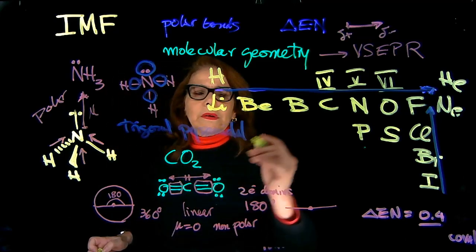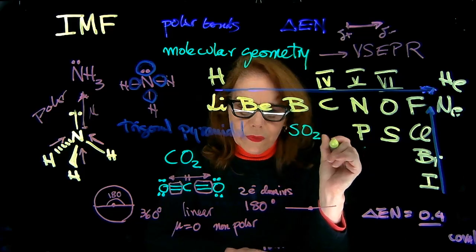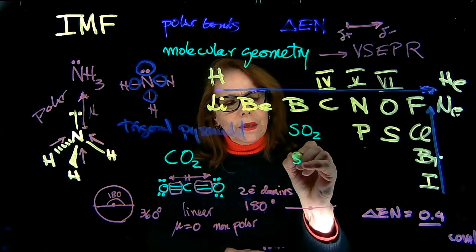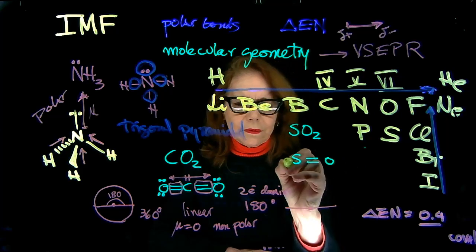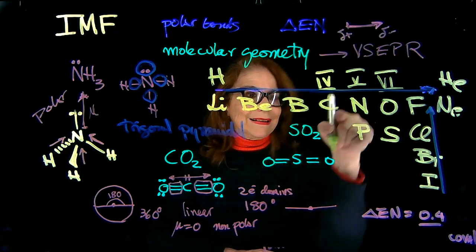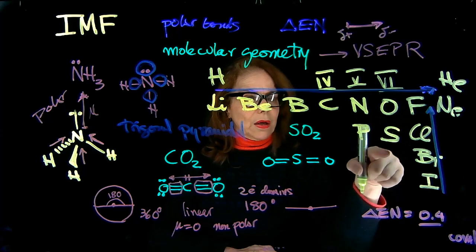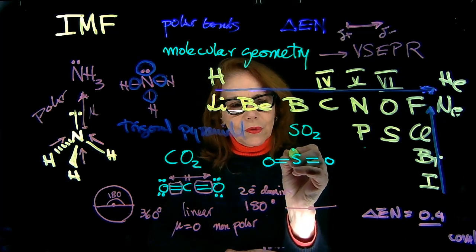The molecule this time is SO2, sulfur dioxide. I'm going to start by putting the sulfur in the center and drawing my Lewis structure. Sulfur is under oxygen, so it has 6 valence electrons. So here you will have a lone pair.